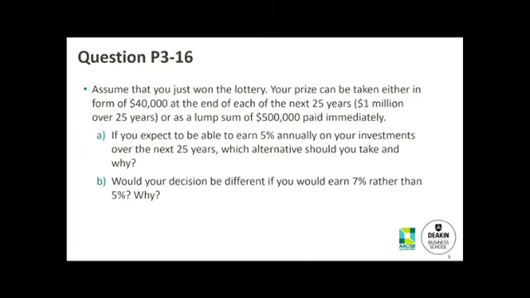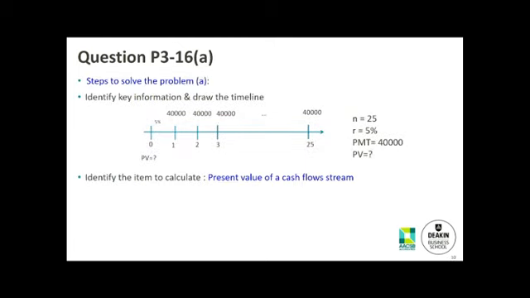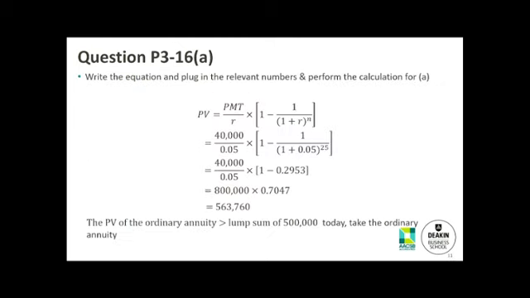Not hard. For the present value of the first option, we need to apply the present value of ordinary annuity equation. Am I right? The present value of ordinary annuity equation, that's how it looks. Present value equals payment divided by interest rate times 1 minus 1 over (1 plus r) to the power of n. Do we know your annual payments?